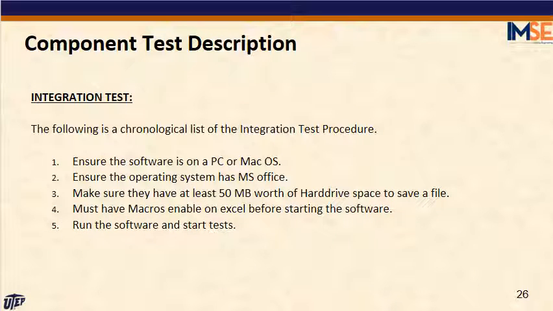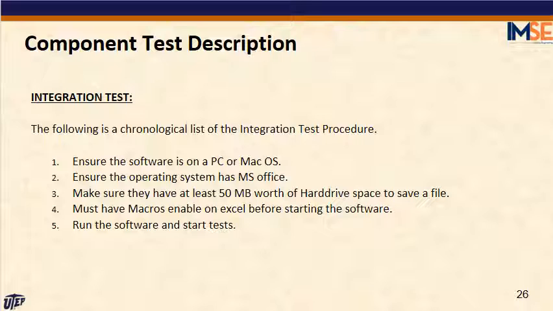The integration test. The following is a chronological list of the integration test procedure. It is to be followed as listed in order to ensure that the test can be properly conducted and in order to ensure that we can provide reliable readings and results. Number 1, we need to ensure that the software is on a PC or Mac operating system.